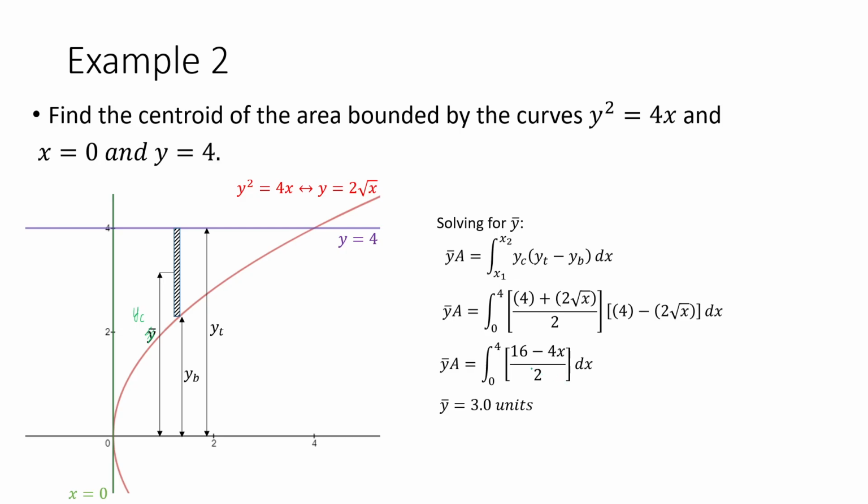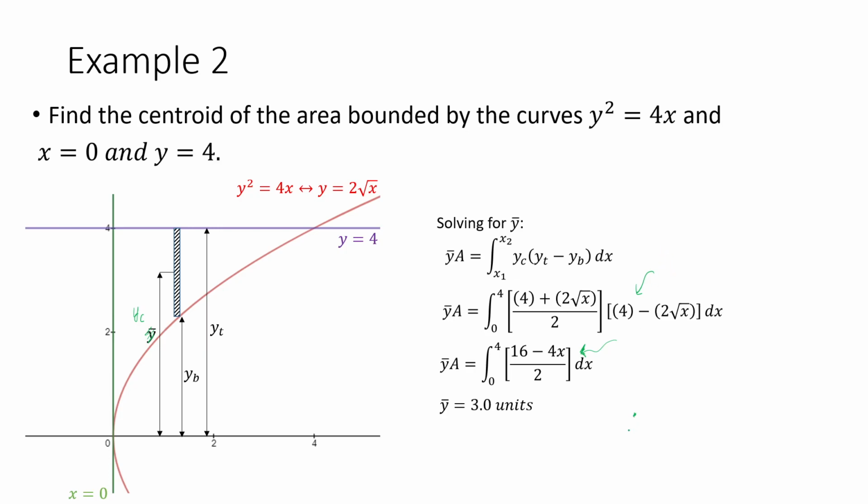So again, instead of plugging this equation in your calculator, if you try to simplify the equation and plug that in, I think it's easier to get the 3.0 answer compared to the upper equation.